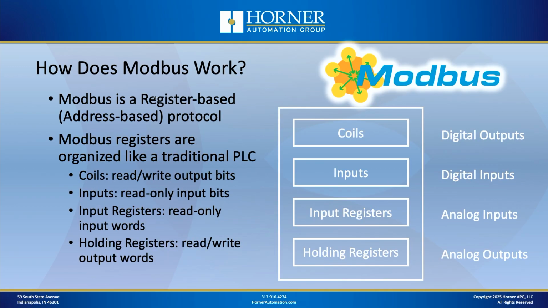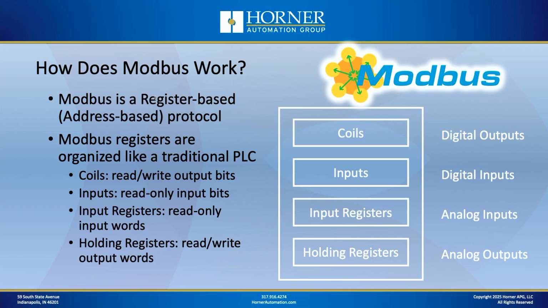So how does Modbus work? Well, let's start by talking about the memory structure that Modbus was based on, or the way data is organized in Modbus. Now, Modbus was modeled around a traditional PLC. Traditional PLCs have digital inputs and outputs and analog inputs and outputs. So Modbus was organized into coils, inputs, input registers, and holding registers.